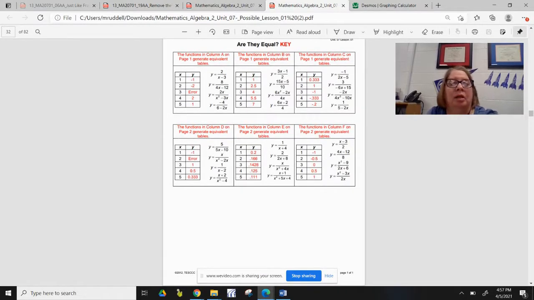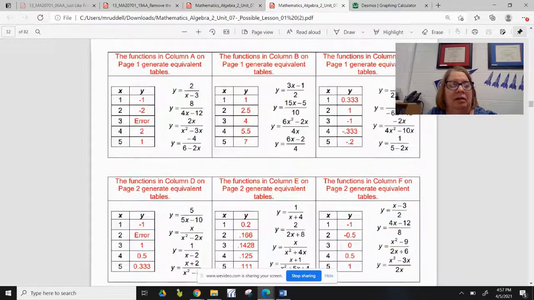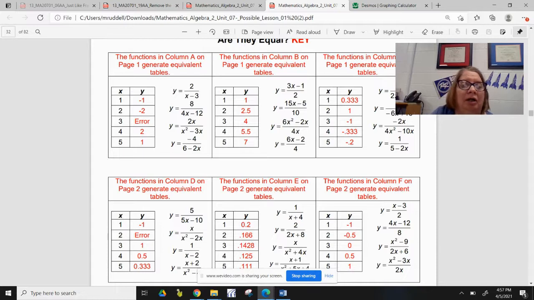Okay. If you're back now and you found all of those tables, you'll see that all of the ones in column A gave you this table right here. All of the functions in column B gave you this one, and column C gave you this one. I don't know if you had a page 2, but all the ones in column A gave you the same table.